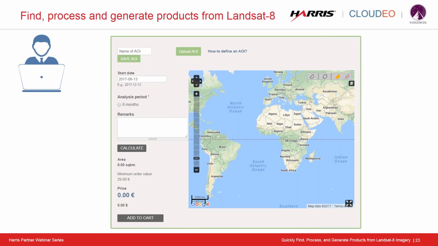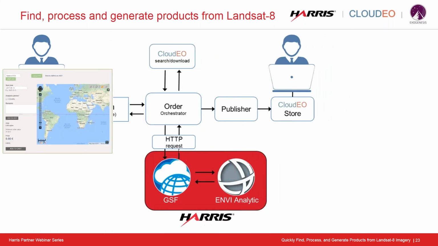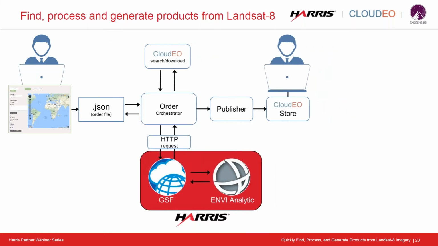So the user obviously would use that interface to select their region of interest and the products they want to order, and then behind the scenes you have this infrastructure that's provided by CloudEO. CloudEO take from the user, in effect, what is a JSON order file, and that is sent out to the order orchestrator.